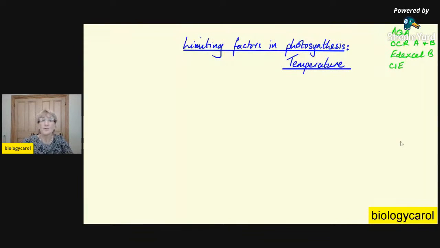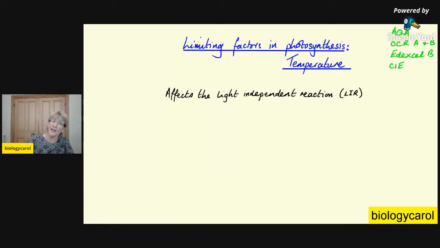So now let's go on to talk about limiting factors in photosynthesis and the effect of temperature. Once again, this is required by all of these exam boards, and this affects the light-independent reaction directly.